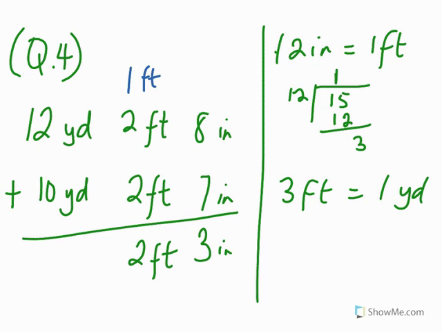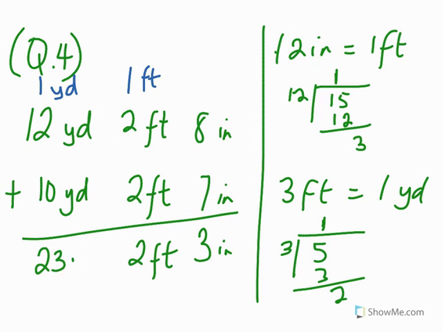Or another way you can do it is to do 3 divide 5. 1 times 3, 3, and 2. The quotient is 1, which is in yard, and the remainder is 2, which is in feet. So you now do 1 yard plus 12 yards, 13 yards plus 10 yards, which gives us now 23 yards.